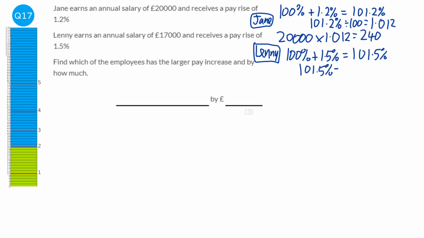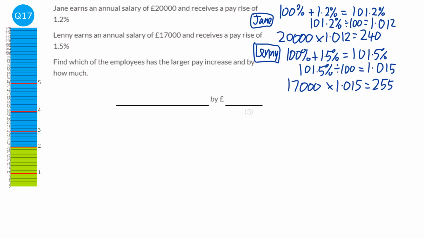We divide that by 100, which gives us 1.015. And then finally we get the 17,000 times it by the multiplier. And when we do that, we get 255. So Lenny has 255, Jane has 240.